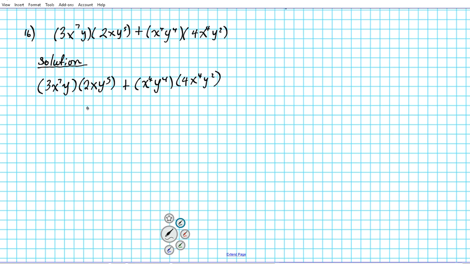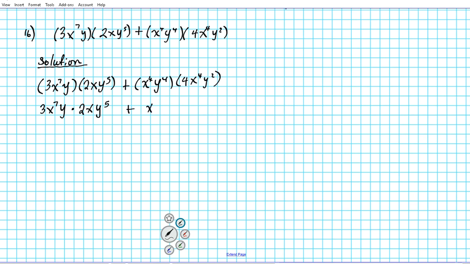Okay, if possible, we just look at the degrees of the variables and see if they're the same. All right, so what do we have? On the left side, this is just a product of 3x to the 7th y times 2xy to the 5th. Same applies here.